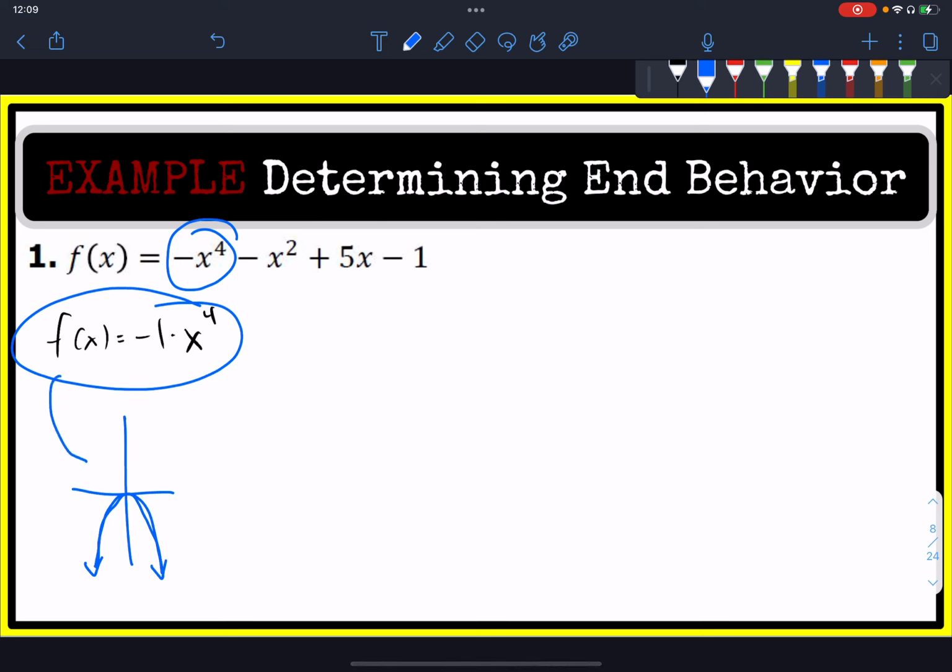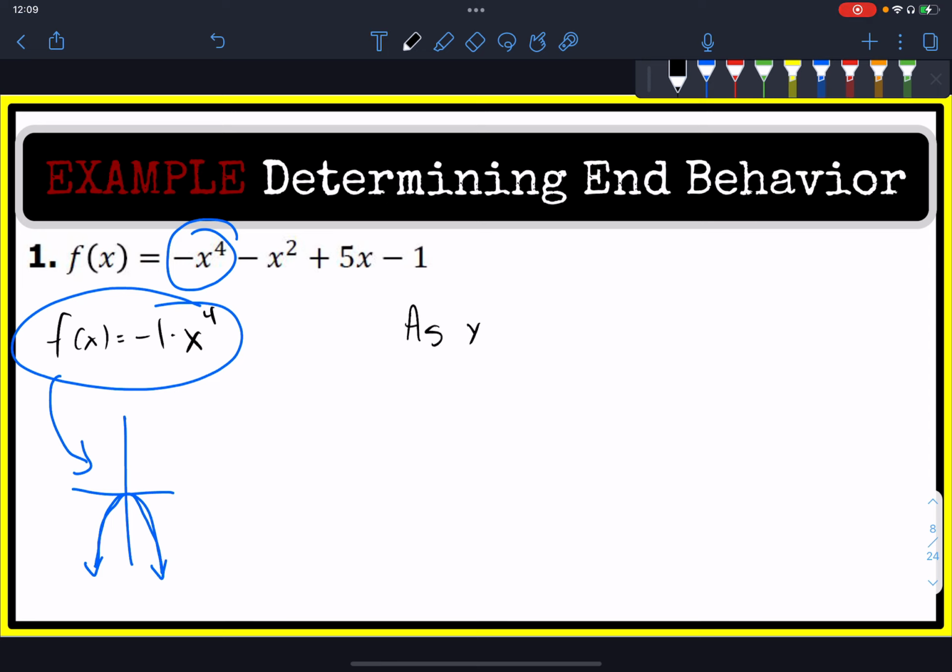then that means that this polynomial is going to behave very similar to that, where the two ends are going to be pointing downwards. Of course, because of all this extra stuff, it'll curve up and down several times, but the end behaviors are going to behave the exact same way.